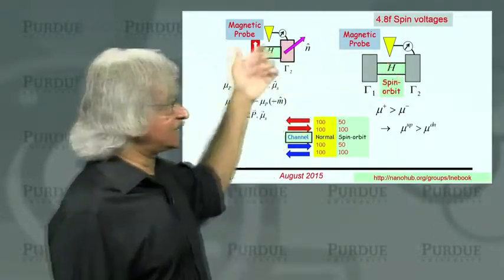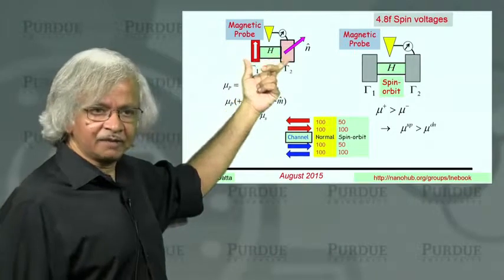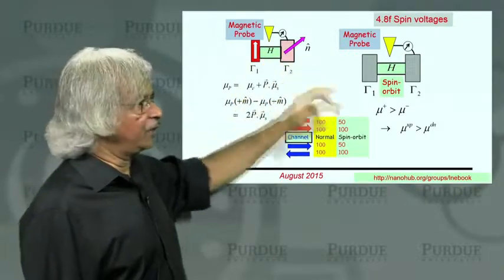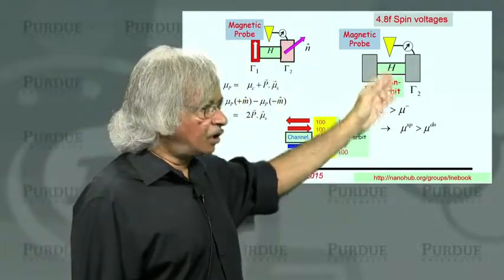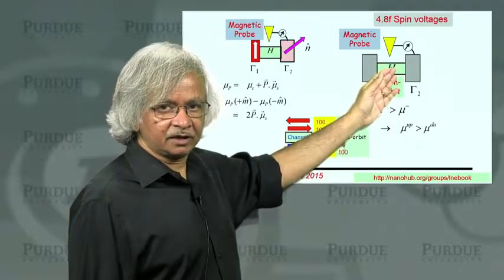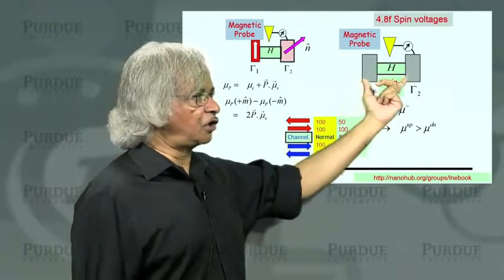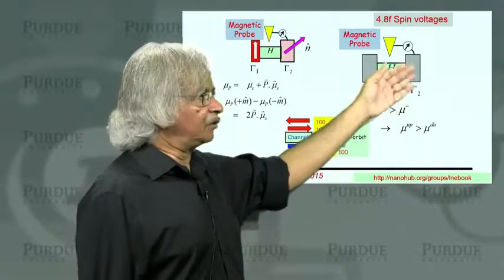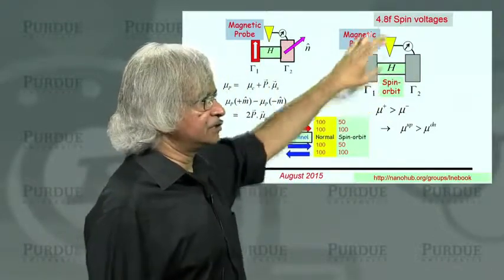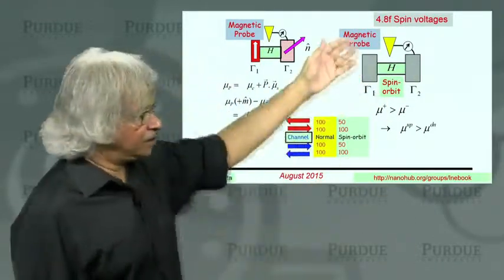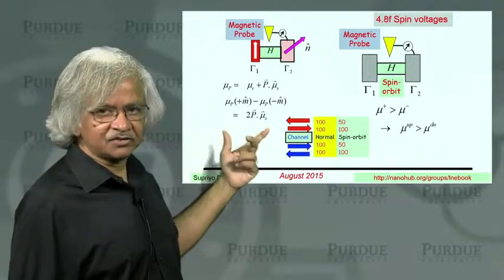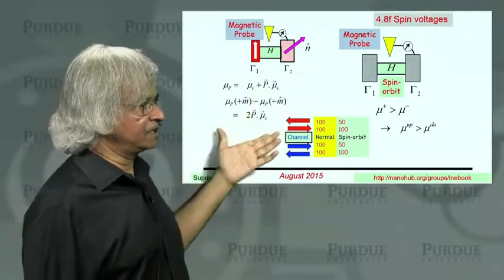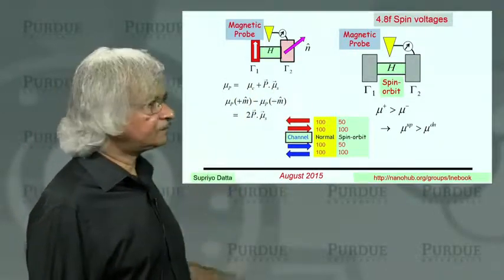One way to establish spin potentials is to use magnetic contacts. Another way is to use channels with high spin orbit coupling, and then you can use ordinary contacts. But no matter how you establish it, of course, how do you measure it? Well, use a magnetic probe. That would be the straightforward way to measure spin potentials.